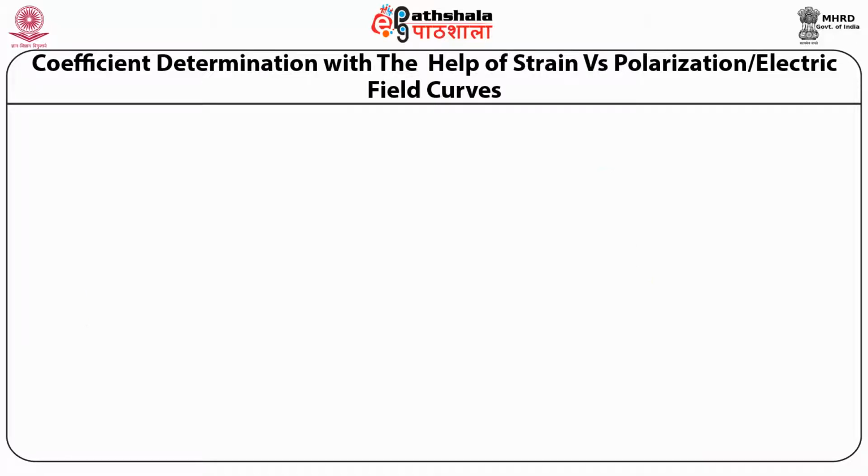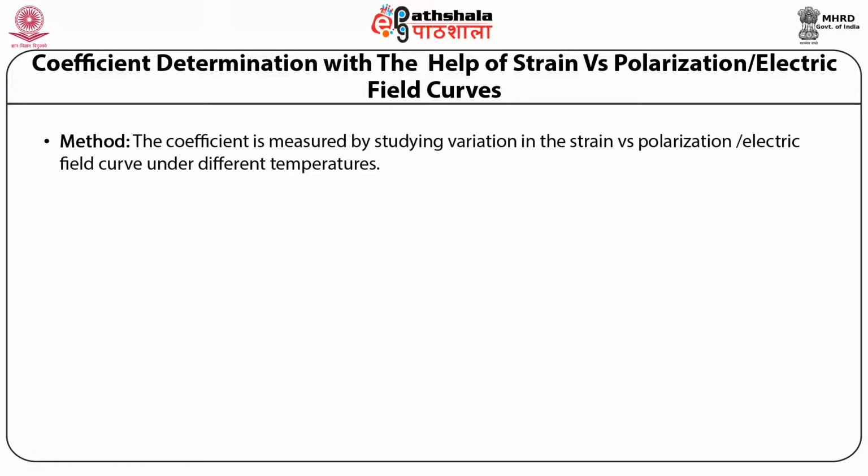So now let us start with the coefficient determination with the help of strain versus polarization or electric field curves. In this method, the electrostrictive coefficient is measured by analyzing the strain versus polarization electric field curves.